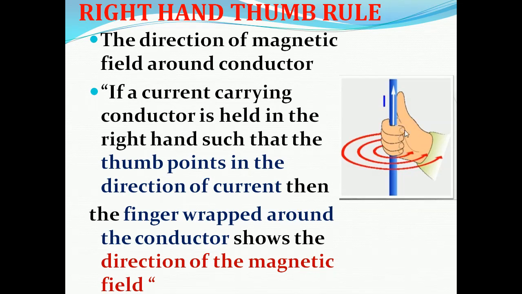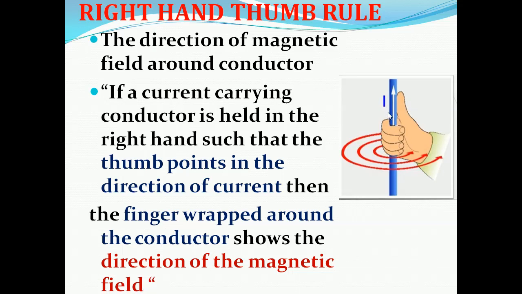Understood? So the thumb points the direction of what? Current. The fingers wrapped around the conductor show the direction of the magnetic field. Understood, children? So this is the right hand thumb rule.